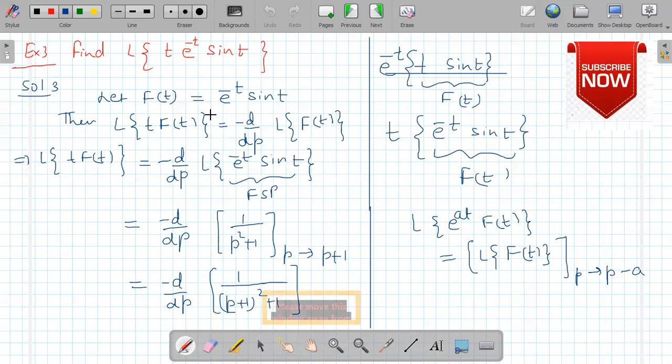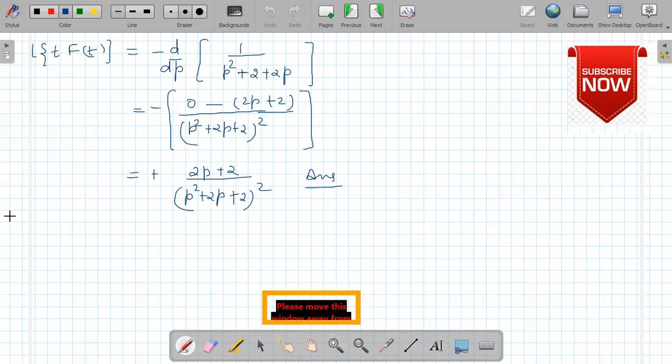Now we can also take t into sine t as f(t). Okay, so let me do the second method. Let f(t) be taken as t sine t.